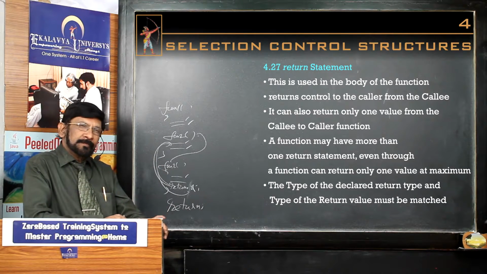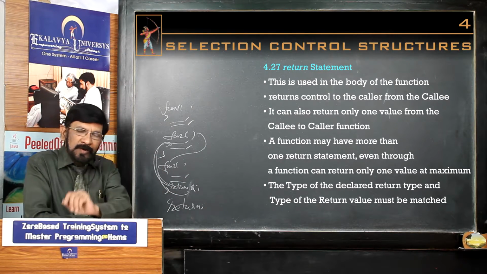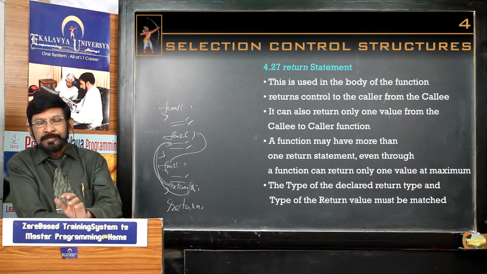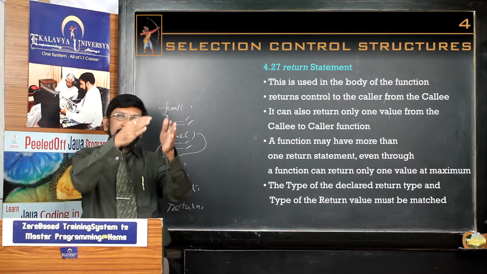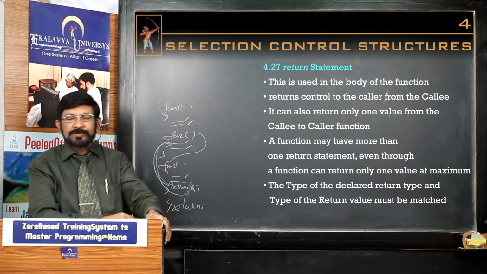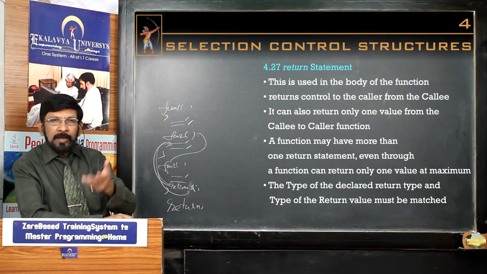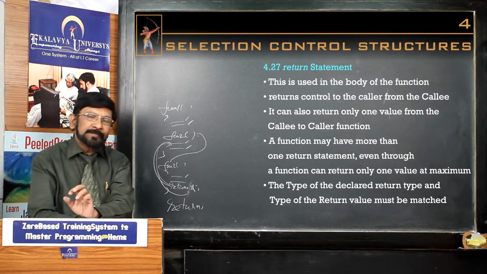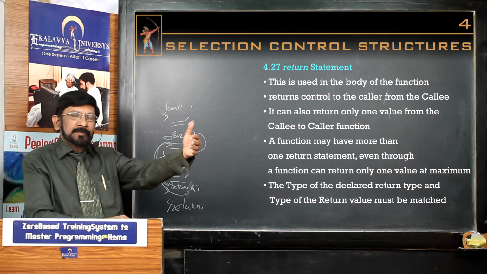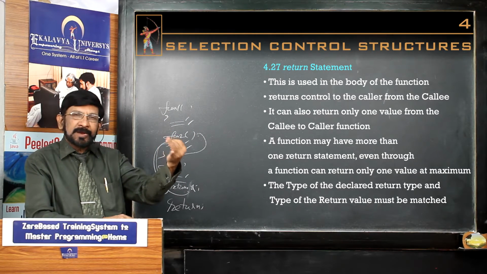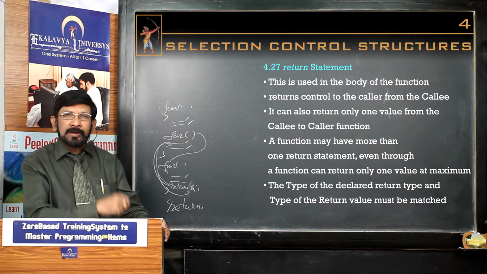One more point you have to understand. A function may return a maximum of only one value, even though a number of return statements may be written. Suppose you have written an else if statement in a function body, then you may write half a dozen return statements, applicable to a student: distinction, first class, second class, third class, fail, and all that.